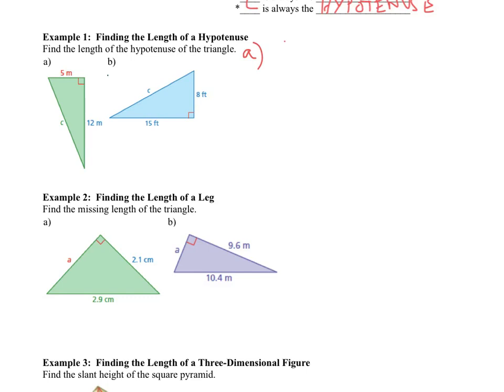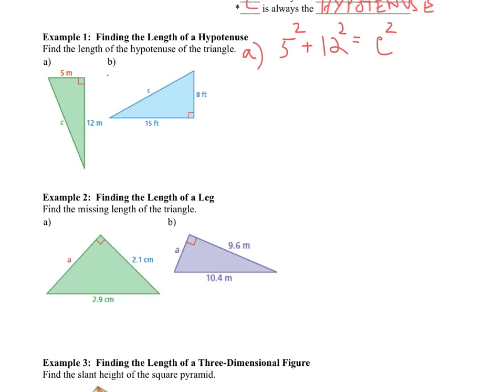So I'm just going to use A for the 5. If I use A as the 5, I would square it. I would use B as the 12, and I would square it. And the one that's all by itself, which is the biggest one, is the C value. So that one is going to go by itself over here. So there's the equation we're going to use: A squared plus B squared equals C squared.